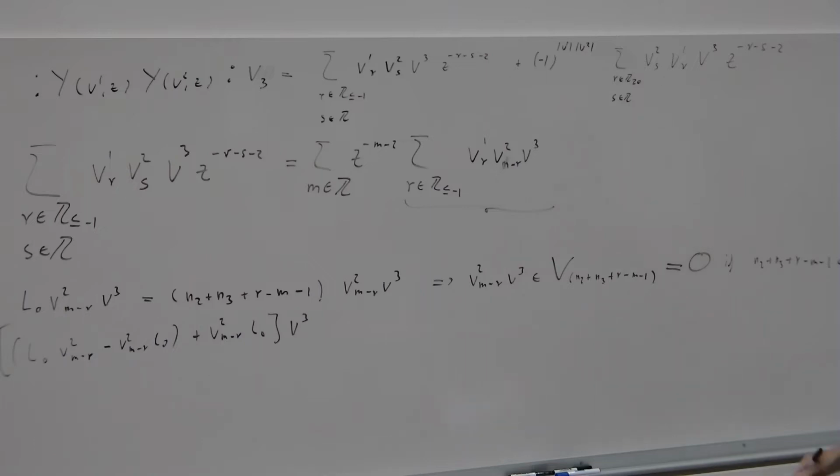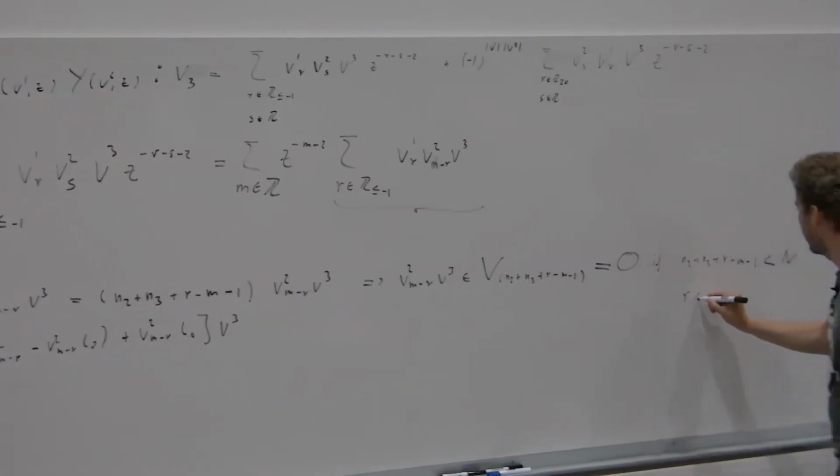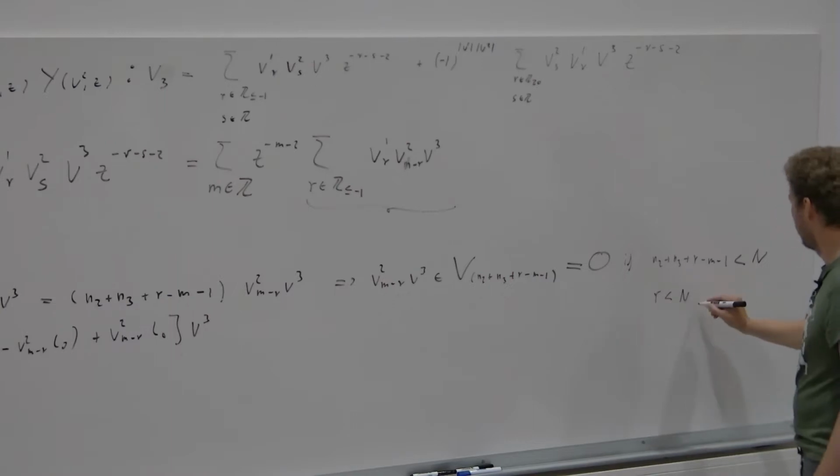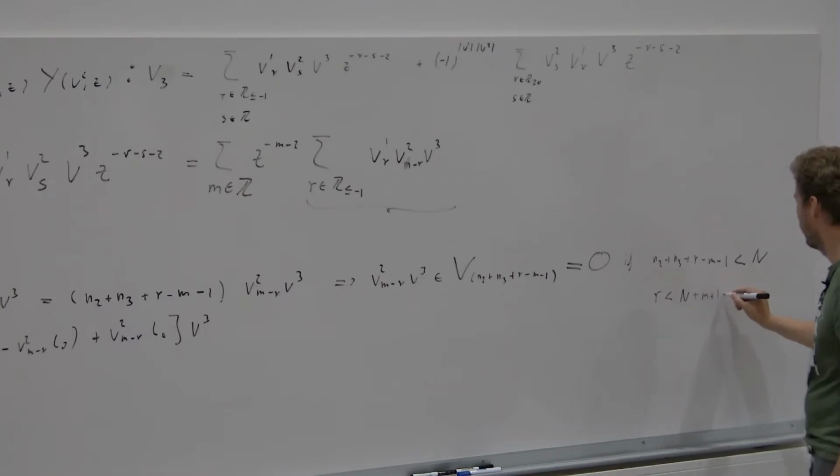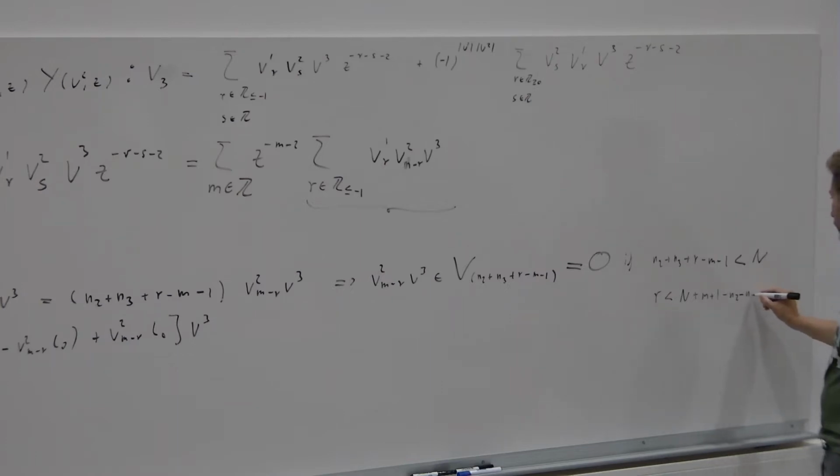So we see that, in fact, and this, of course, we can solve for r. So this vanishes if r is less than n plus m plus 1 minus n2 minus n3. But these are all fixed numbers, right?